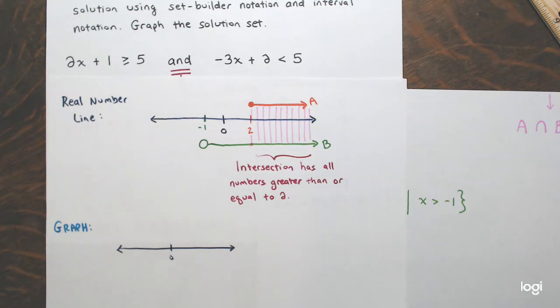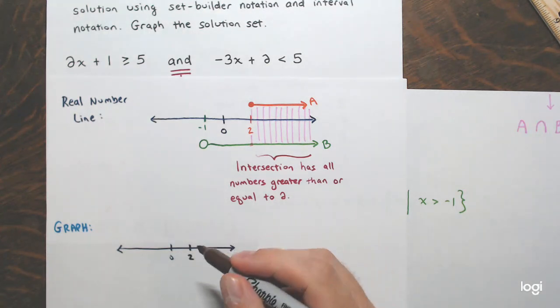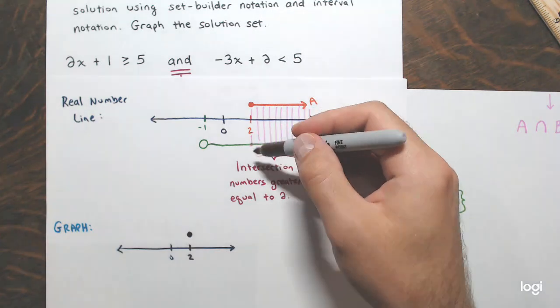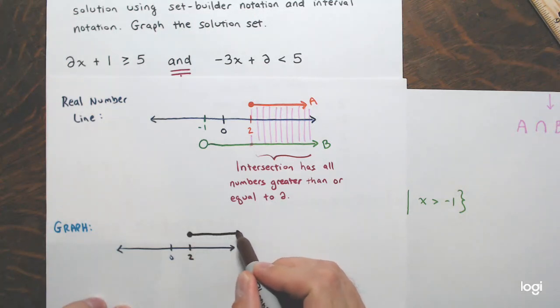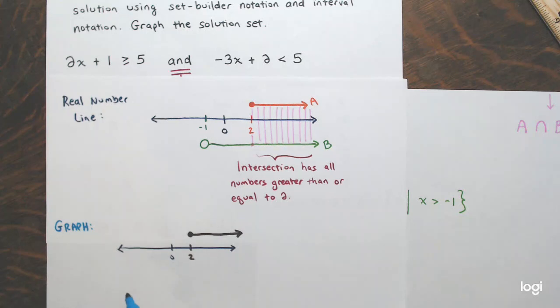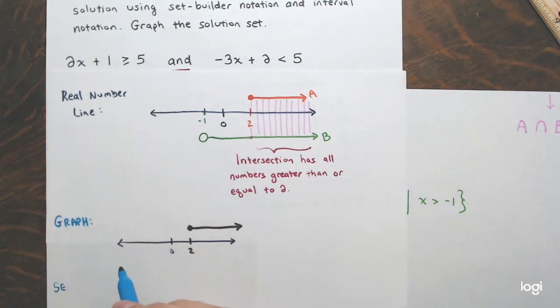And so here those are. Here's the number 2, to the right of 0. We have 2 is in the set, 2 is in the intersection. And also all the numbers greater than 2. So to the right there, all those numbers are in the intersection as well. Great, so there's part 1. I like to make the graph first. Then we were asked to write the solutions in what's called set builder notation.